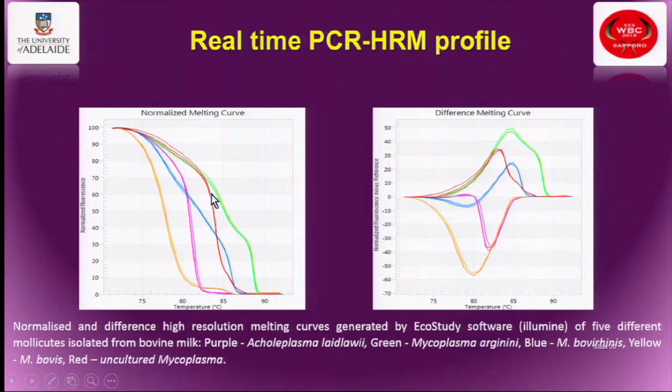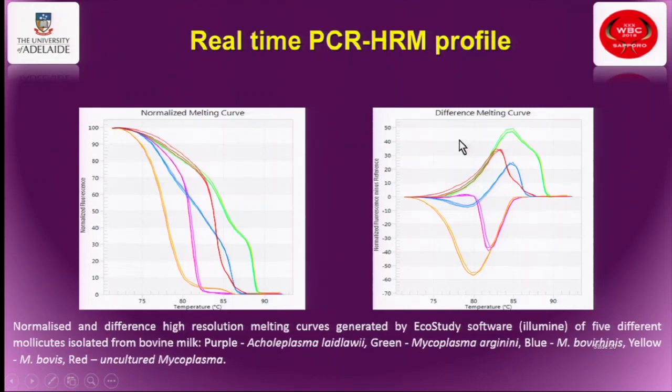For these, as I said, we used ATCC strains as a positive control in addition to sequencing. This software can also generate, as you can see, difference melting curves, and it can also generate digital values that make the comparison easier.